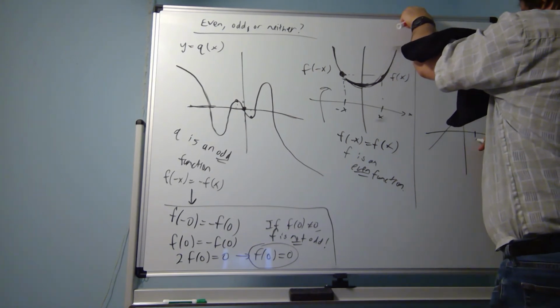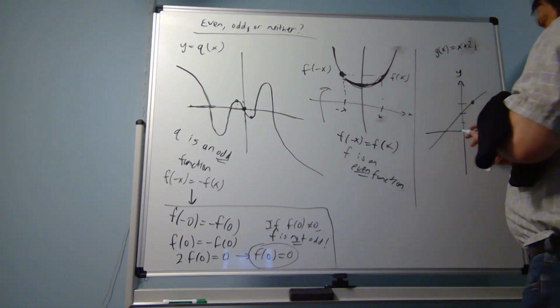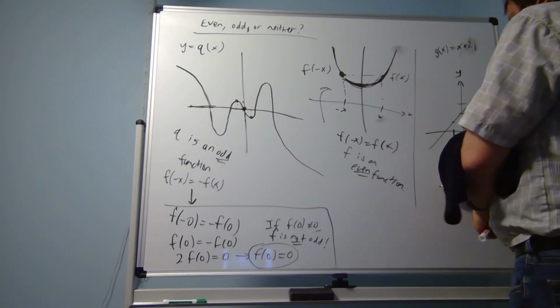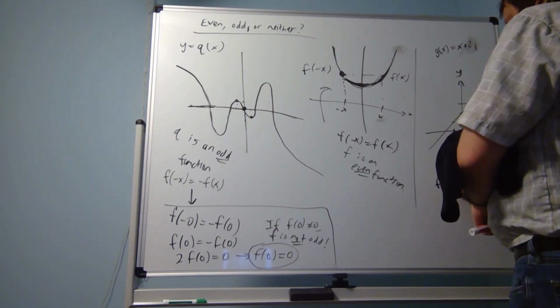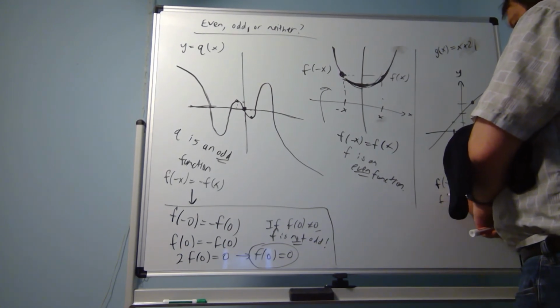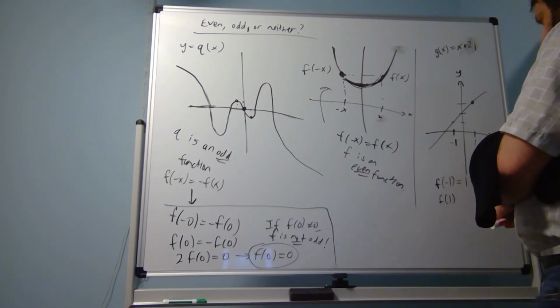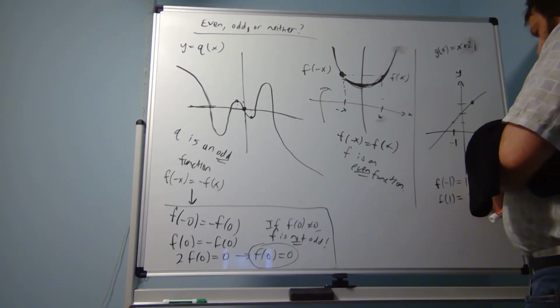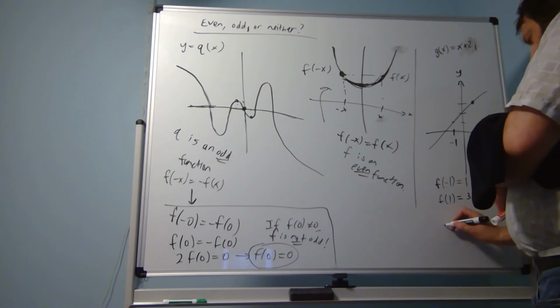Let's try plugging this one in. You take any x value and its negative. f of 1 is equal to 3.